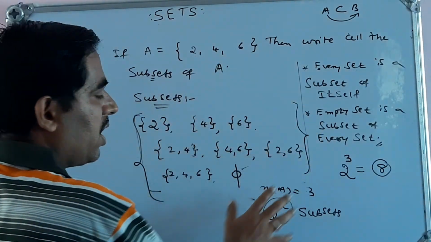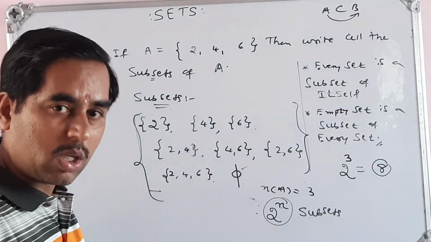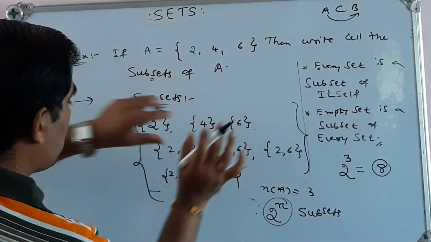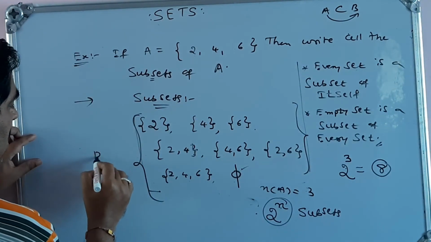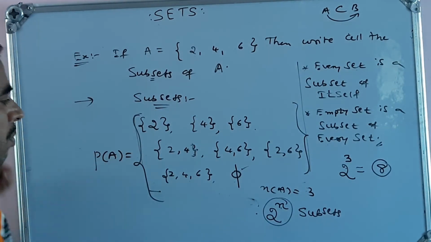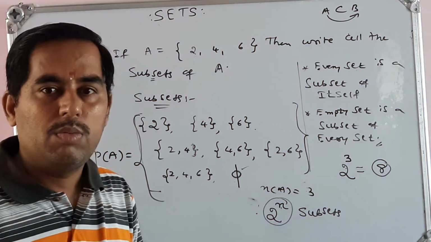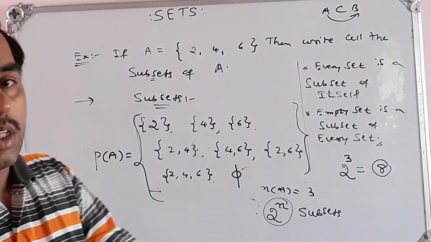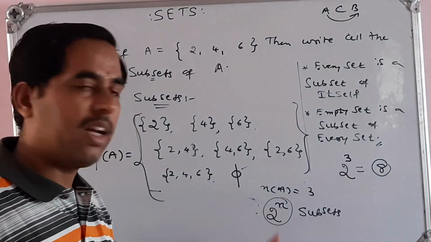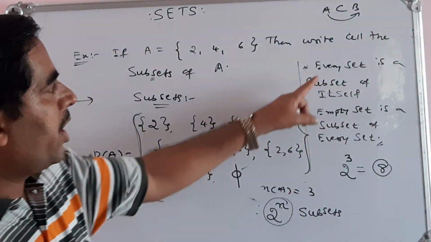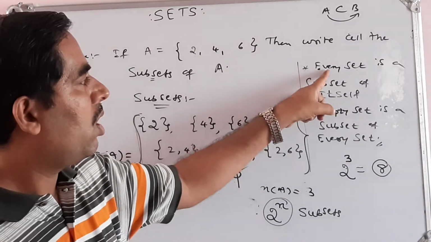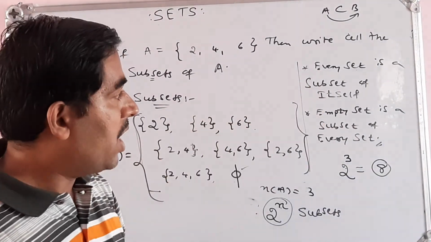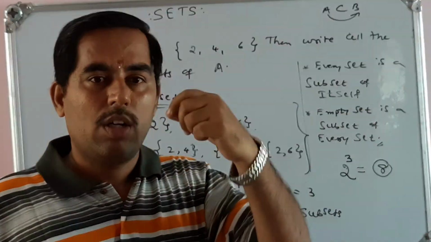The set which contains the subsets of the given set is called the power set. These 8 subsets form the power set, written as P of A. So the power set means the set which contains all the subsets of a given set. The total number of subsets of a given set will be 2 to the power of n. And every set we write on the board will be a subset of itself, and the empty set is a subset of every set.